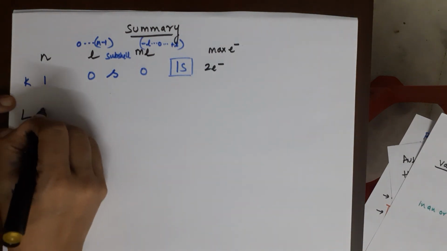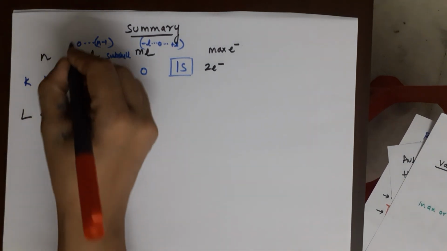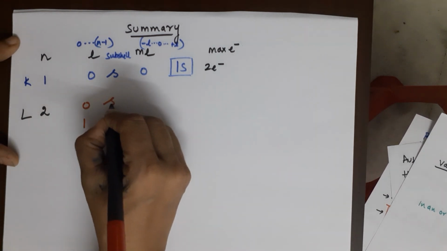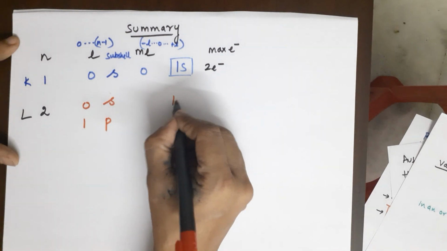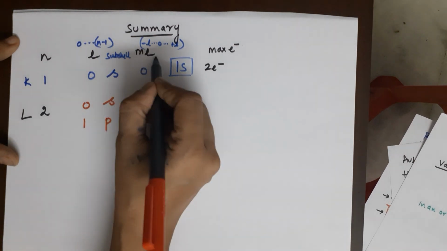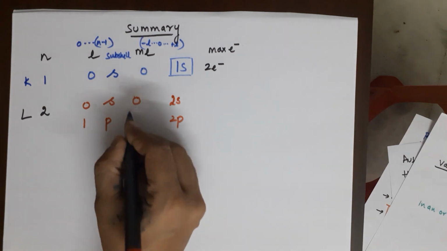Coming to the L shell, n can have value equal to 2. When n is equal to 2, what are the possible l values? It can be 0, it can also be 1. If it is 0, it is s. If it is 1, it is p. So we can call them 2s, 2p. In the s, what are the ml values? Only one value, that is 0. So there is just one orbital. In the p, what are the values?